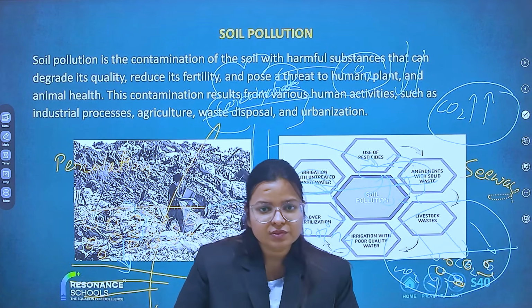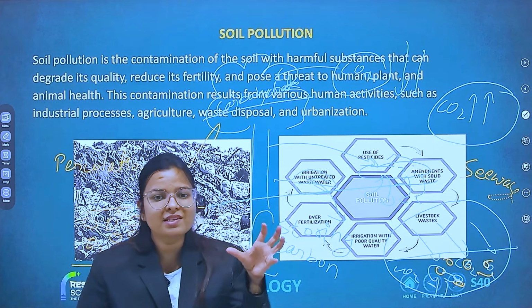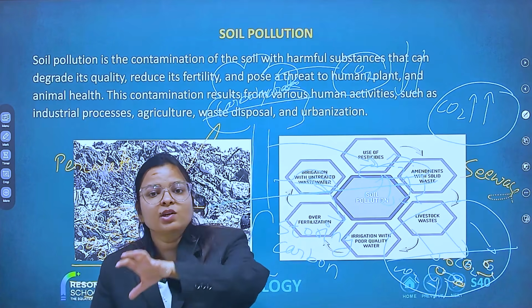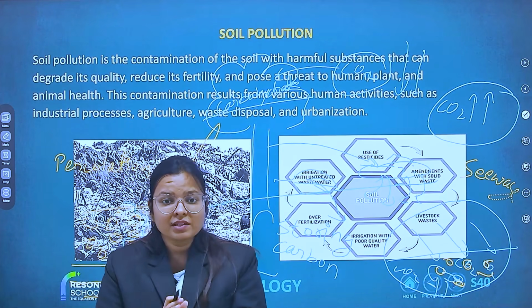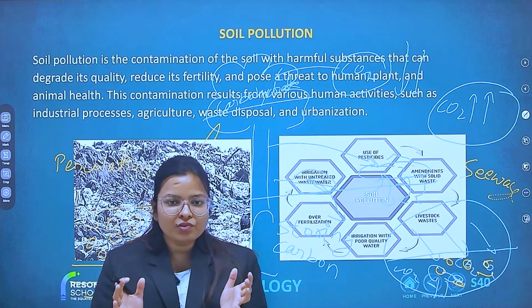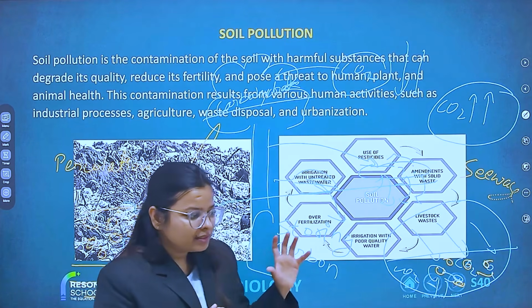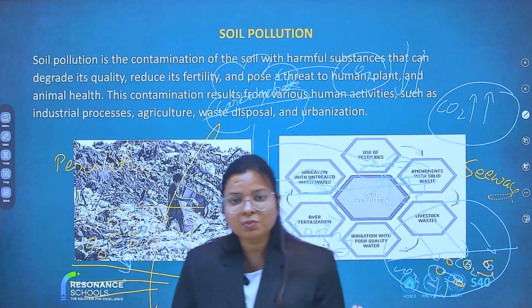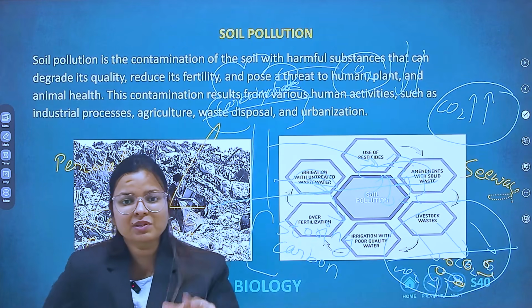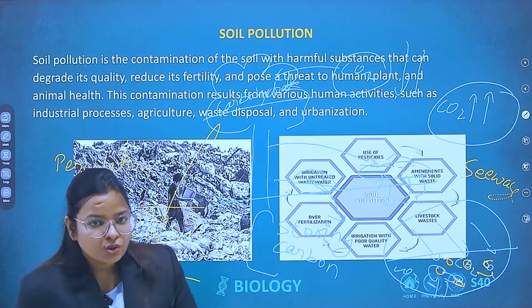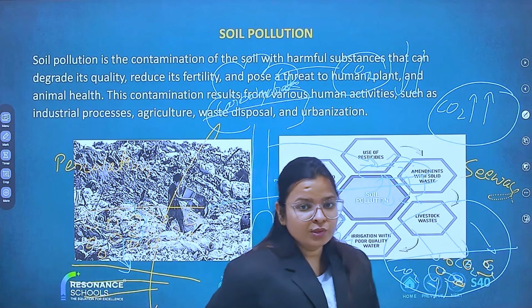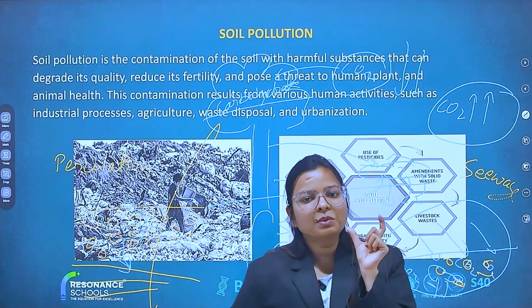Sometimes this sewage is directly drained into the rivers. Rivers were having pure water, or you can say less polluted water earlier. But whatever is collected from cities is mixing with this water, getting mixed with the river water, so we make it more polluted.